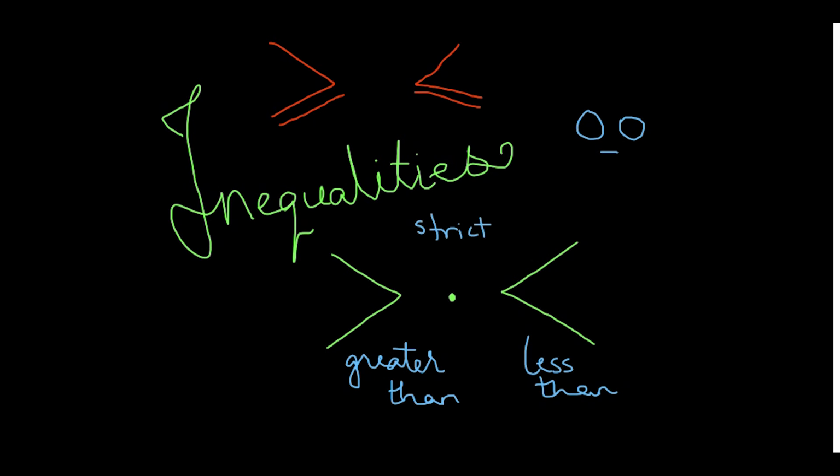Okay, and the reason why I'm highlighting the two that are strict is because this might help you remember which inequalities, when you represent them on a number line or on a graph, what that representation will look like for strict inequalities versus non-strict inequalities.